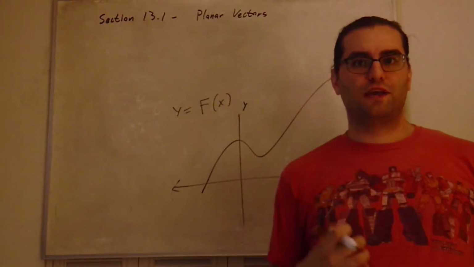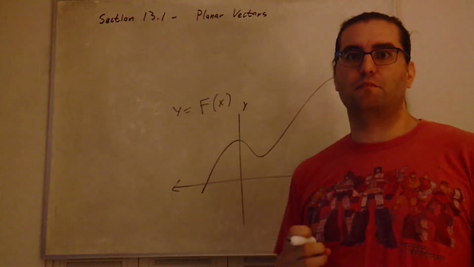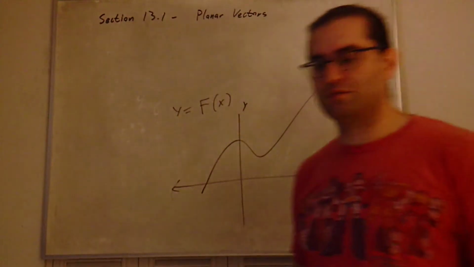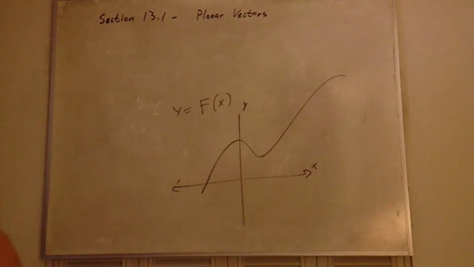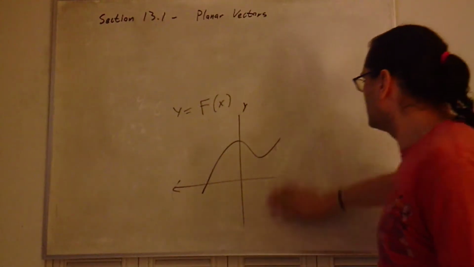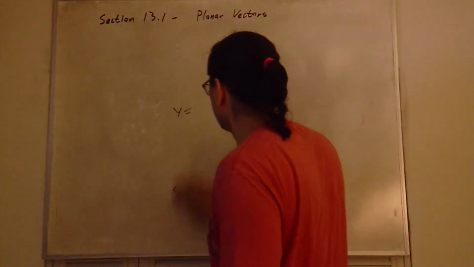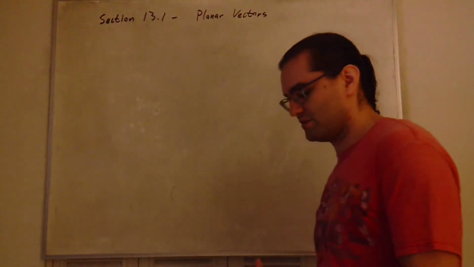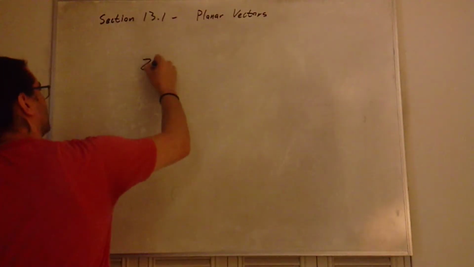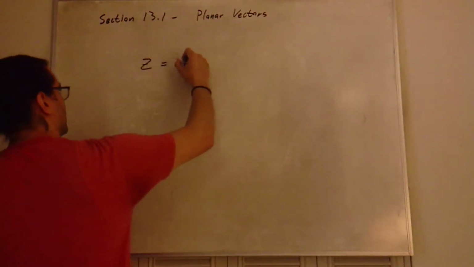We want to be able to extend this beyond 2 dimensions. 2 dimensions is ultimately going to be pretty limiting. So one of the major things we're going to end up doing in the course is we're going to take a look at a different kind of function. We're going to see things that look like this.